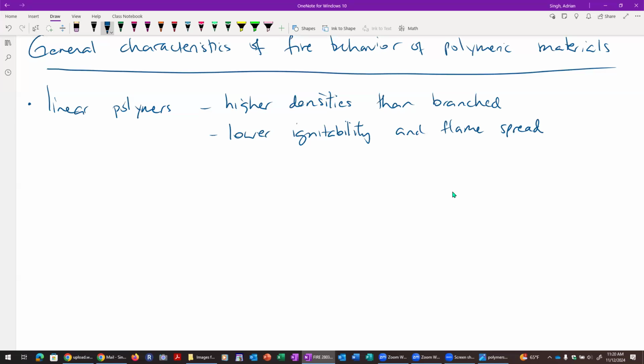What we also tend to see is that thermoplastics generally melt upon heating.